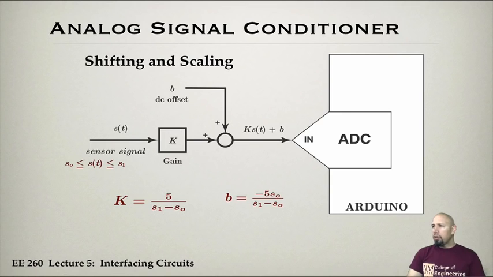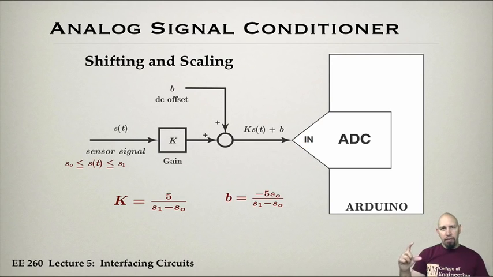First thing we're going to talk about is something called an analog signal conditioner, otherwise known as a shifter and scaler. Shifting and scaling is what this circuit does. We have some signal coming in. This is the signal that comes from our sensor. In order to get it into the analog to digital converter on the Arduino, we need to scale it down, and we may need to shift it.